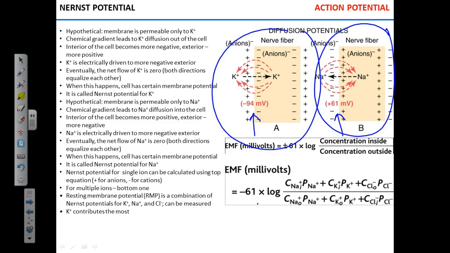But the contribution from sodium is much smaller. Does that make sense? So the resting membrane potential is lower than negative 33. It's at negative 70 because the flow of potassium out of the cell plays a much more important role than the flow of sodium into the cell.